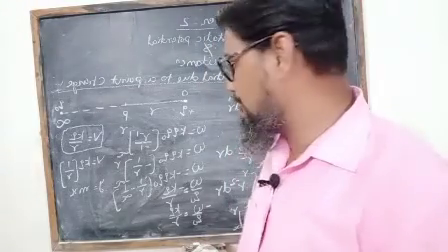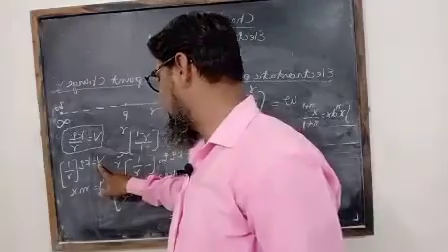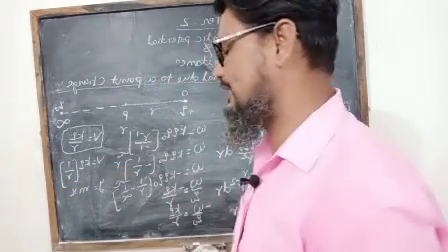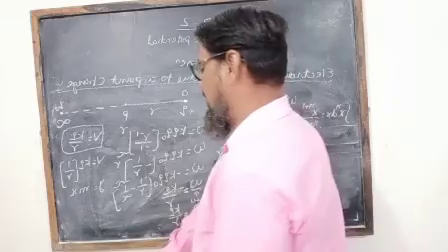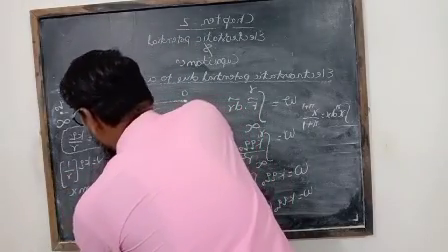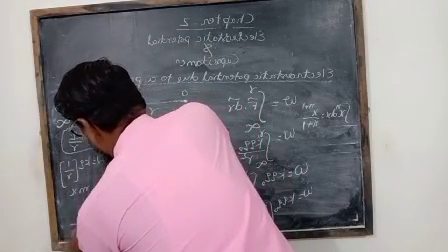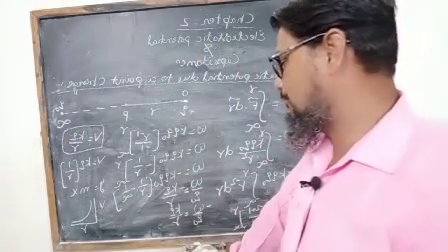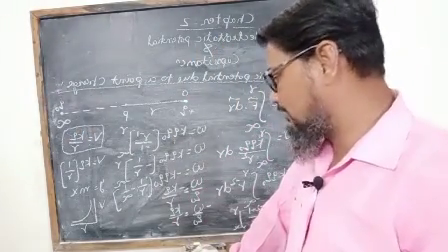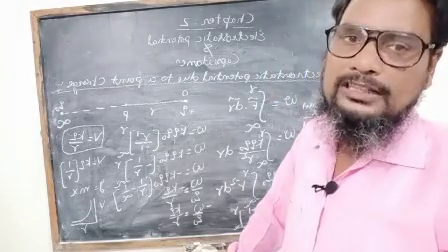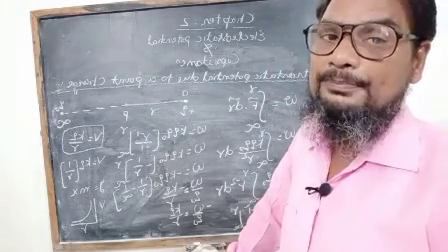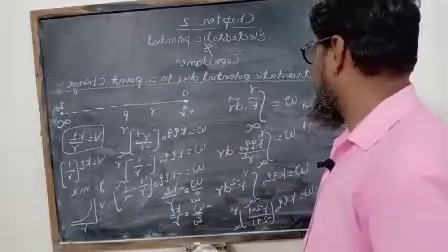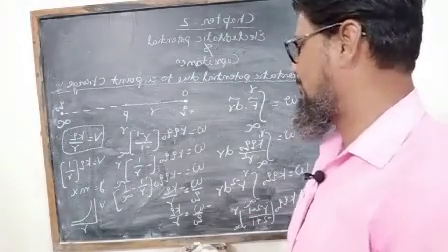So the variation of potential with the separation or distance of the charge will be hyperbolic, the curve between V and R will be hyperbolic in shape, and if we draw the curve between V and 1 upon R, it will be a straight line passing through the origin. So this is the electrostatic potential due to a point charge.